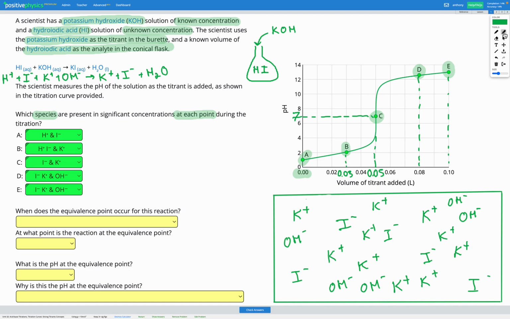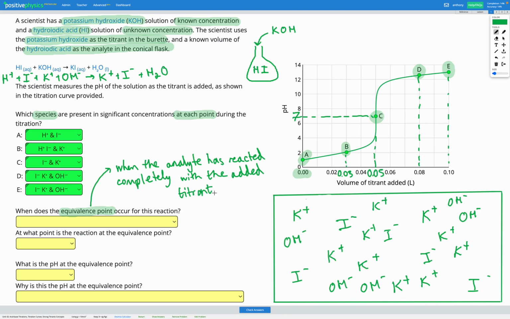Next, we're asked, when does the equivalence point occur? So the equivalence point is when the analyte, that's the substance that's in the conical flask, has reacted completely with the added titrant.